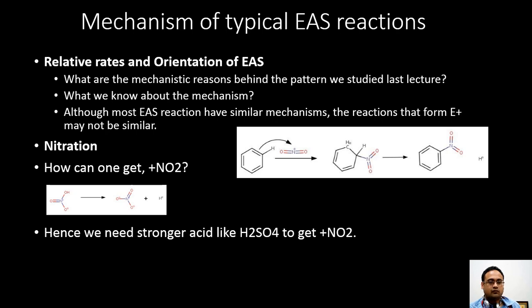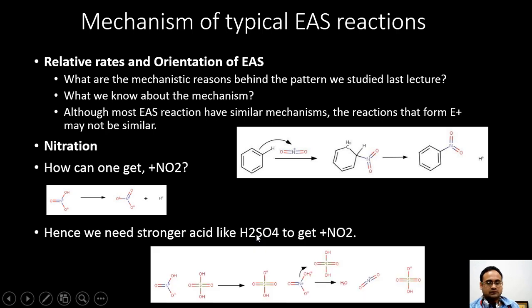That means we have to force the nitric acid to break the nitrogen-oxygen bond instead of the usual oxygen-hydrogen bond. For this we need a strong acid like sulfuric acid. Once you add sulfuric acid to nitric acid, the reaction between the stronger sulfuric acid and the weaker nitric acid takes place. In this, the stronger sulfuric acid donates a proton to the oxygen, forming this species which easily loses a molecule of water to give you the nitronium ion.